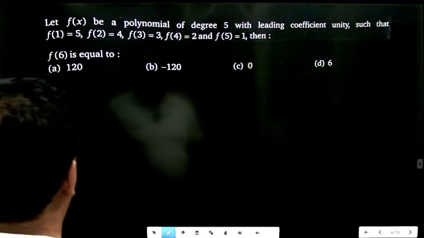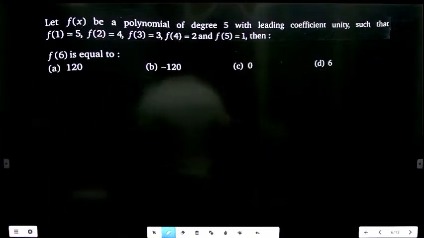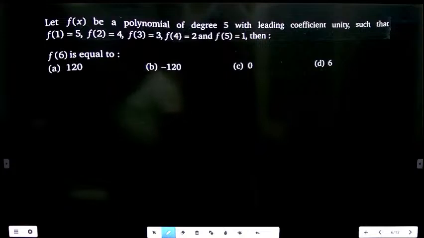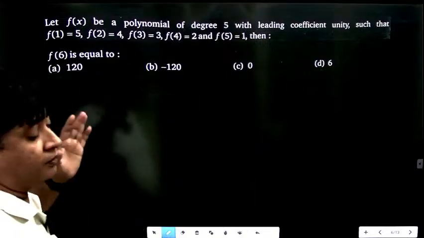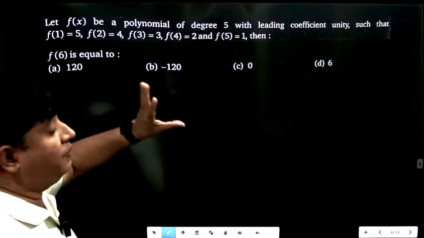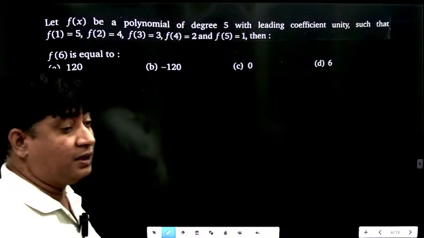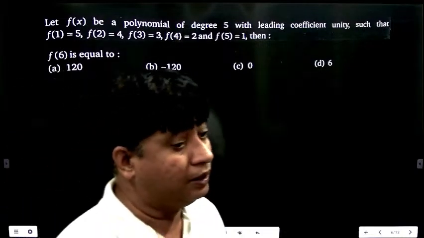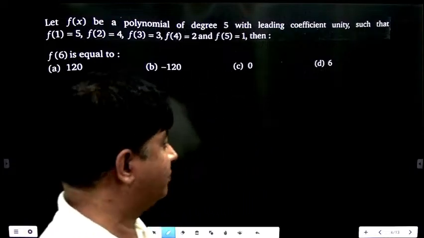Now look at this sum at a glance. See, this sum is somehow related to polynomials and the division algorithm. Division algorithm means, you were taught even in junior class, 5, 6, 7, 8, 9.